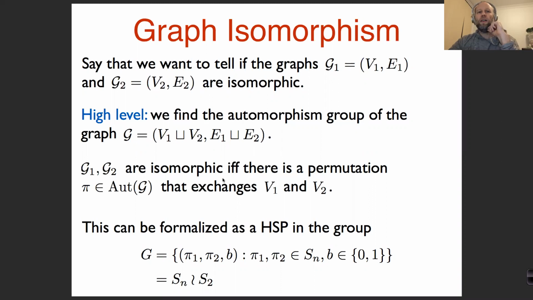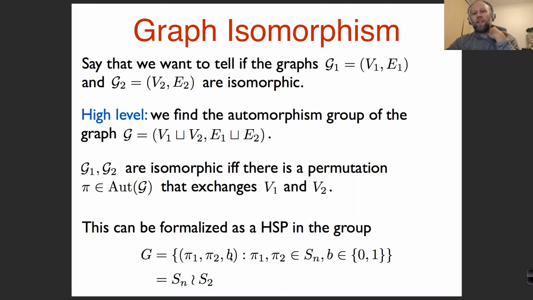So this can be viewed as a hidden subgroup problem in S_2n, since the size of the graph is 2n. It can also be formalized as a hidden subgroup problem in a smaller, more specialized group. This is called the wreath product of S_n and S_2, where you limit the permutations so you have a permutation pi1 on V1, a permutation pi2 on V2, and then a bit B which is 0 or 1. If B is 0, then pi1 acts on V1 and pi2 acts on V2.